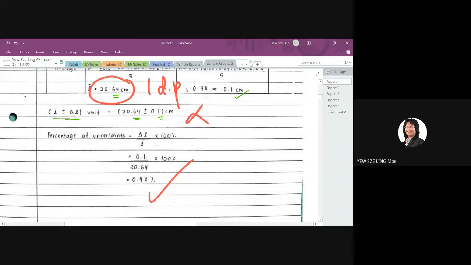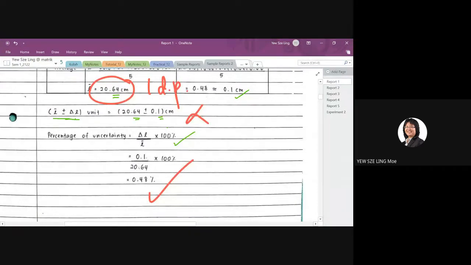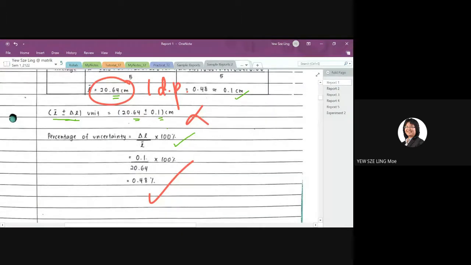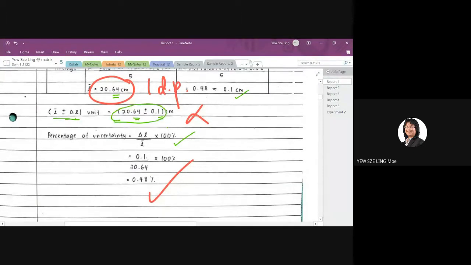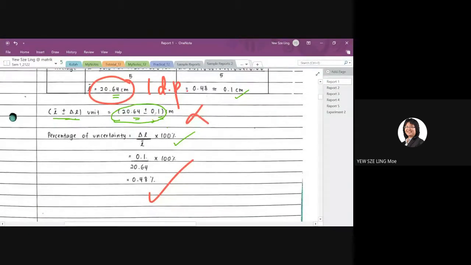And then percentage of uncertainty, okay, the formula is correct. So the value used here can be accepted. Why? Because it's taken from this part, L plus minus delta L. So for your percentage of uncertainty, the value must be coming from here. So 0.1, you put it as delta L, 20.64, you put it as the denominator.